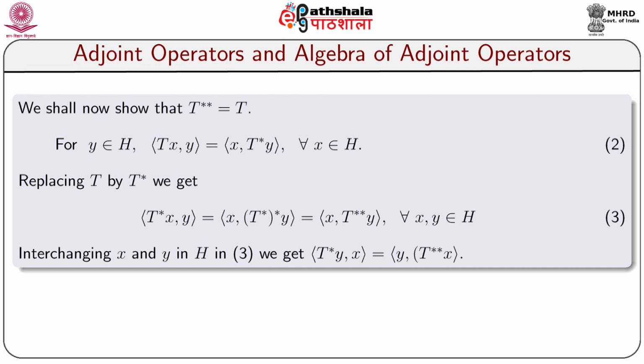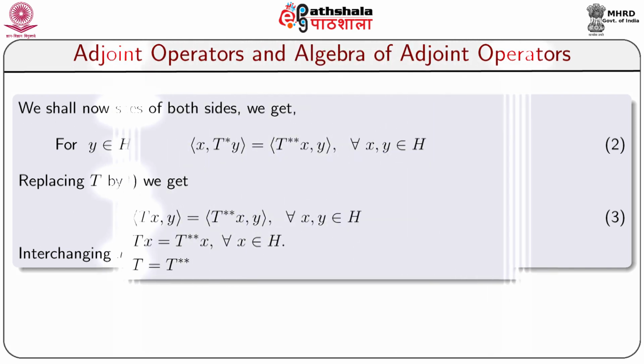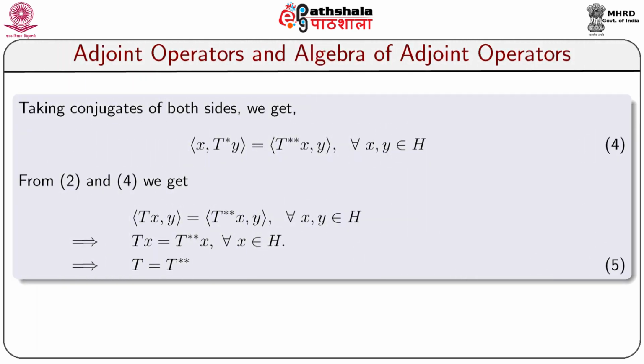Interchanging x and y in equation number 3, we get <T star y, x> = <y, T double star x>. Taking conjugates of both sides, we get <x, T star y> = <T double star x, y> for all x, y belonging to capital H. This is equation number 4.